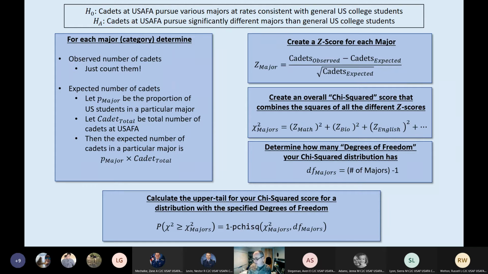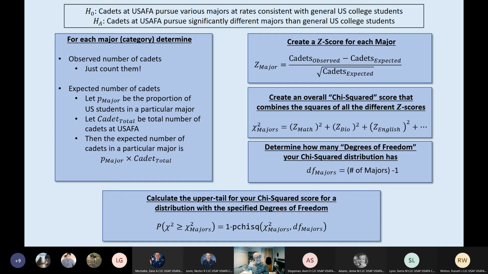I'm sorry, I don't have my magical pen today, so I can't draw on the screen. But in that middle box on the right, when we calculate the chi-squared, it is the sum of a bunch of squares of all the z's. So since we square all the z's and sum them up, we are always going to get a positive value here. And that positive value is how far away from the distribution our distribution is.